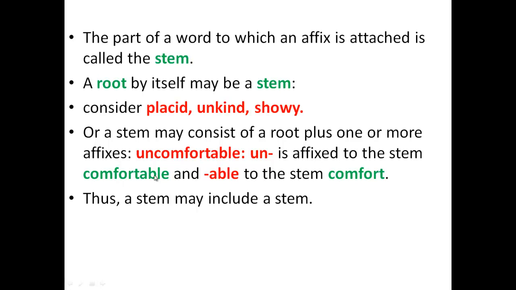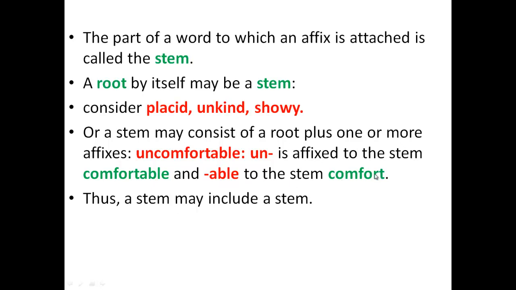So comfortable, here we have got the root comfort plus able. And the combination of the two forms the stem, to which we add un here. So look, uncomfortable: un is affixed to the stem comfortable, and able to the stem comfort.